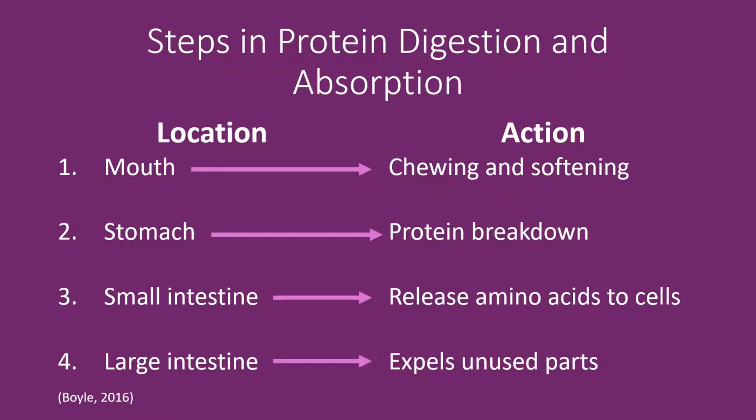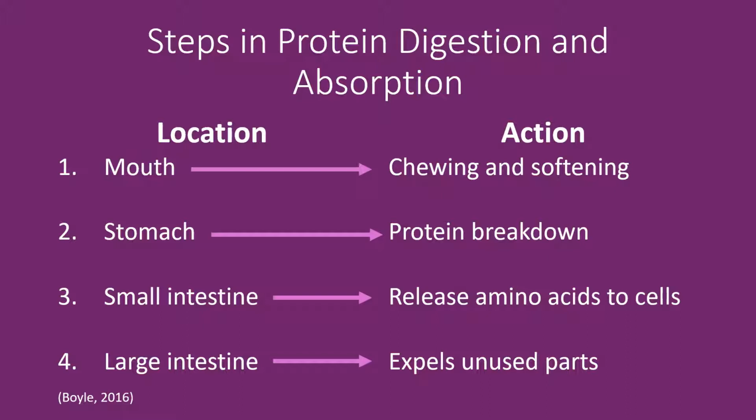There are 4 steps in the process of digestion and absorption. First, we chew and soften the protein in our mouth. Second, the stomach acid denatures the proteins. Here, enzymes begin to break the proteins down. Next, the small intestine continues this process until nearly all are strands of single or chain amino acids.